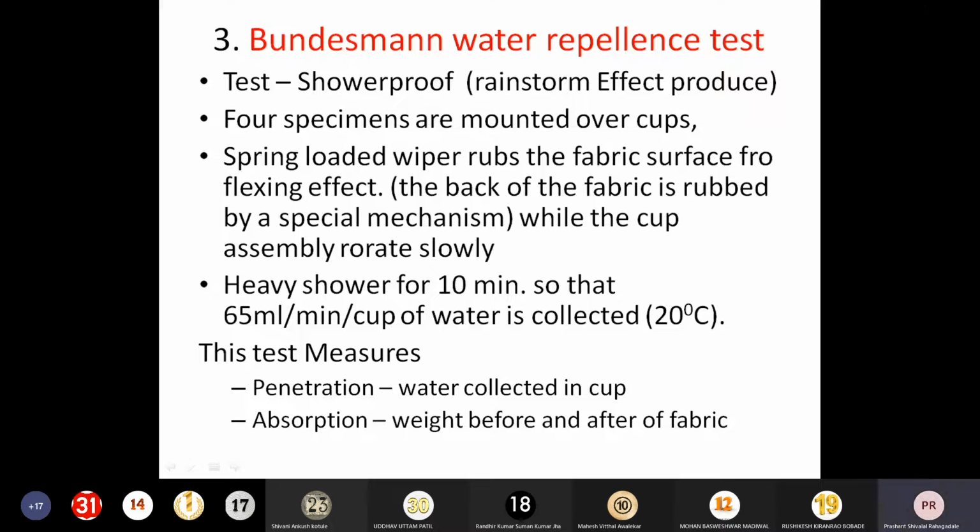For example, when I am wearing a shirt and I move in the rain, that shirt is in contact with my skin, so no doubt the back of this fabric is rubbed by my skin, and on the upper part of the fabric the showers are hitting it. This situation we are creating in the laboratory by using this Bundesmann test.